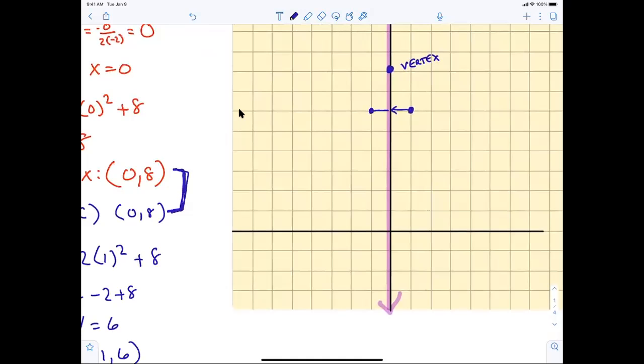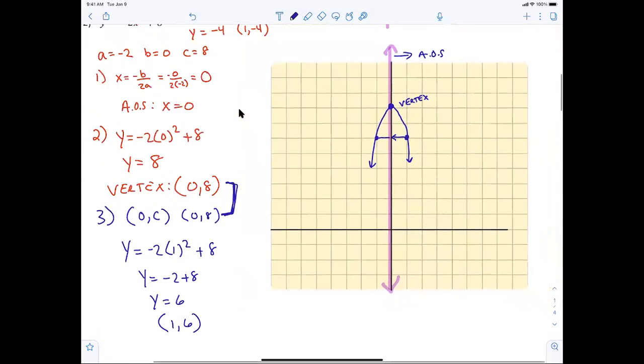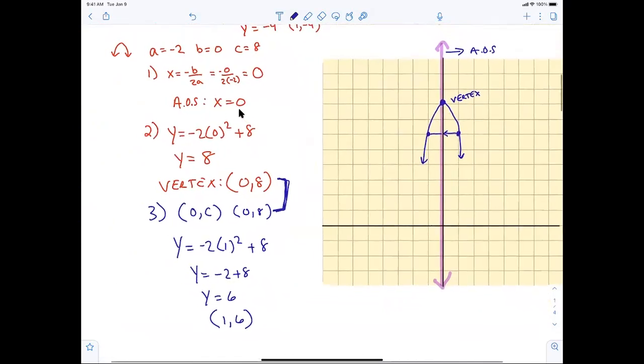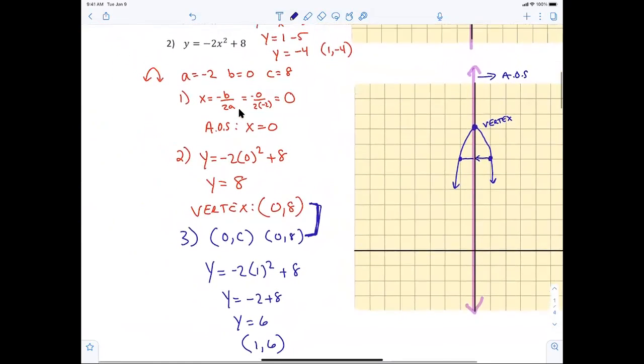And there are the points, which brings us to the graph. From the equation. We're plugging it back into the original equation.